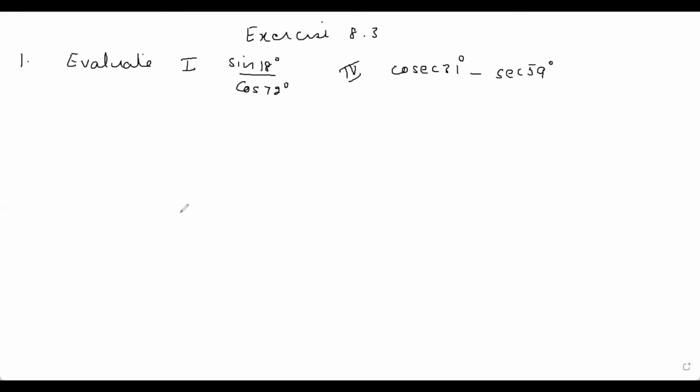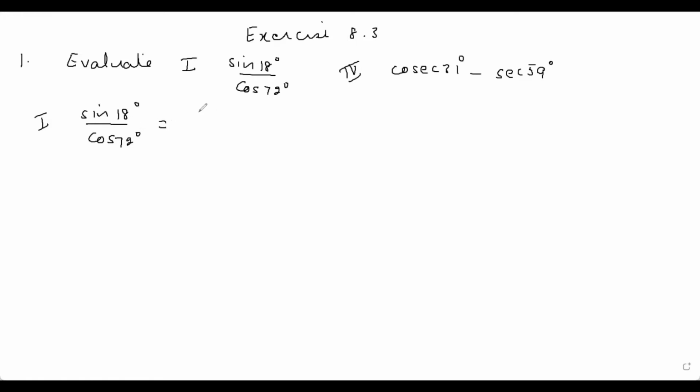Now I am going to solve exercise 8.3. Its first question, its first part is sine 18 degree upon cos 72 degree, and its fourth part is cosec 31 degree minus sec 59 degree. So I am going to do the first part. Now 72 degree plus 18 degree is 90 degree. Change one of them, either 18 degree or 72 degree. Let me change 18 degree.